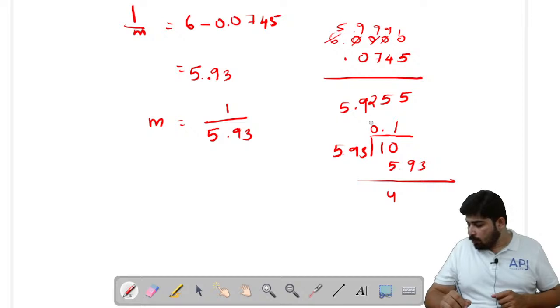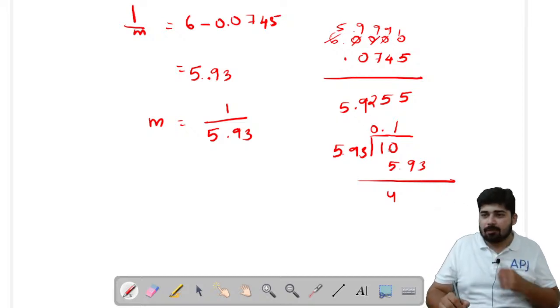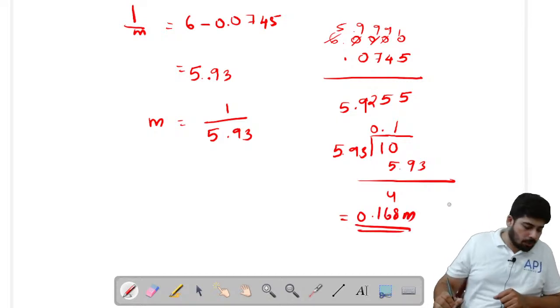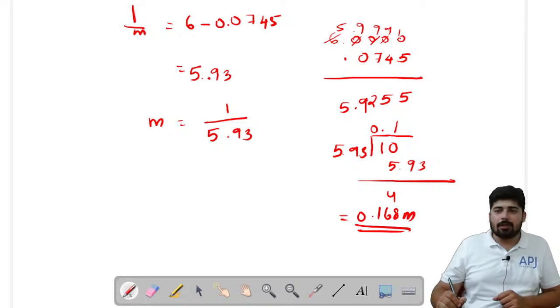So we will be getting the value as 0.168 molal.